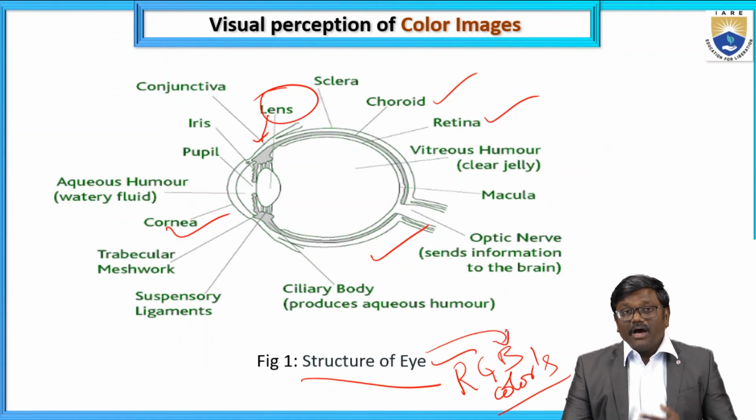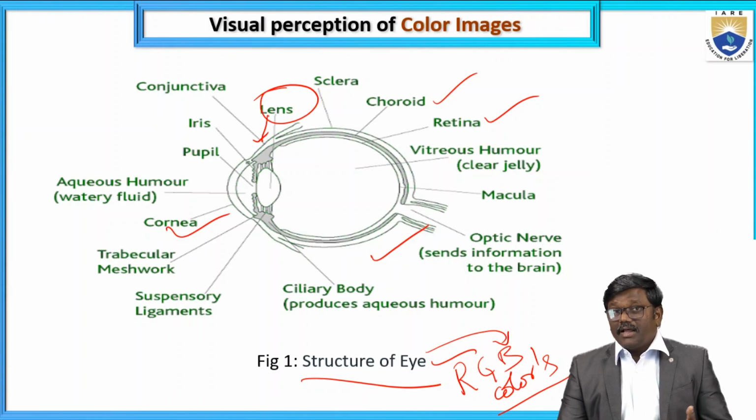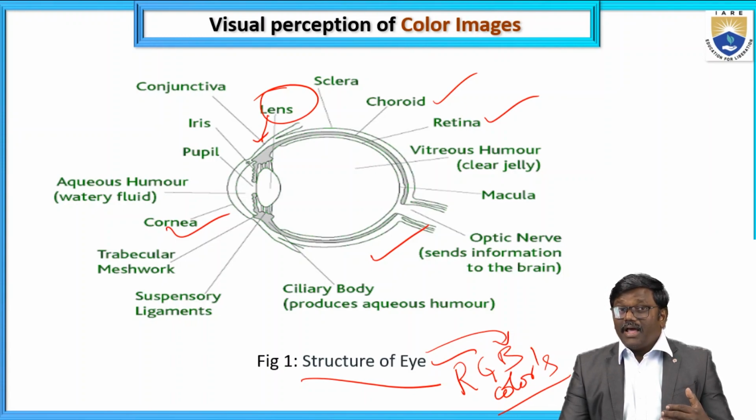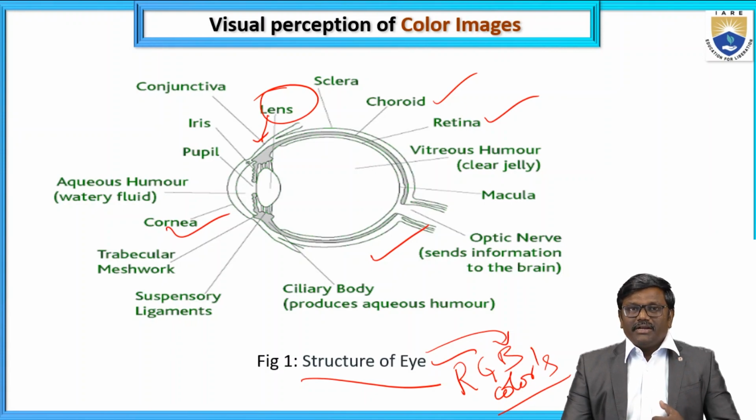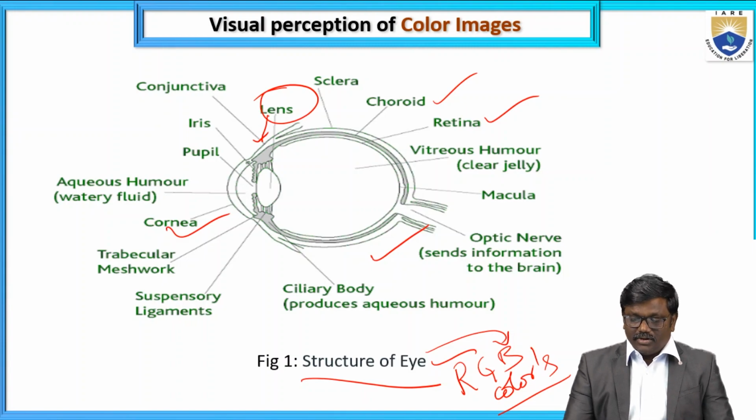That means the red-based color is identified through the observation of the human eye. If we change red to green, you can understand how the retina function will be concentrated, and similarly for blue. So RGB plays a major role in colors.